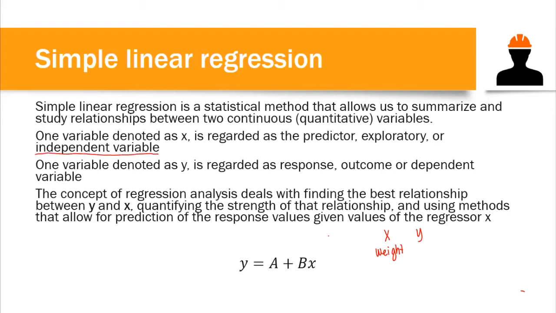Knowing your weight can be used to determine your height. This is just an example, but in simple linear regression analysis, we will be knowing how strongly these two variables correlate to each other.